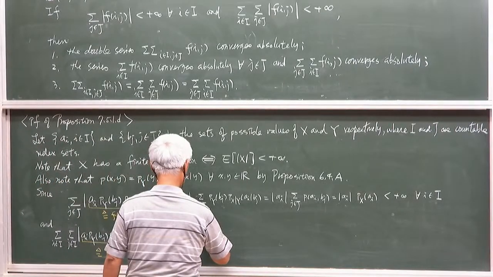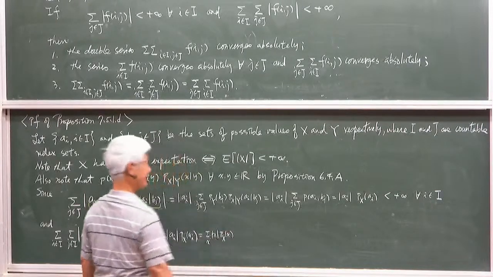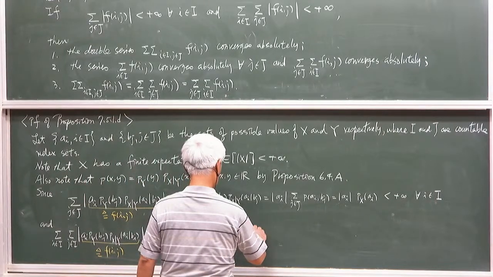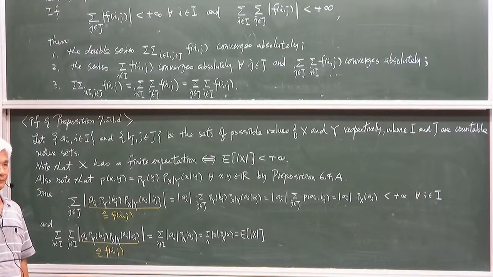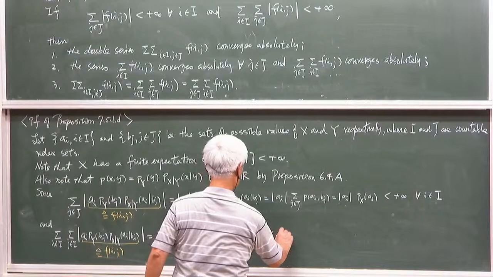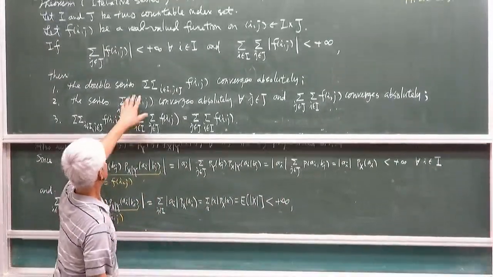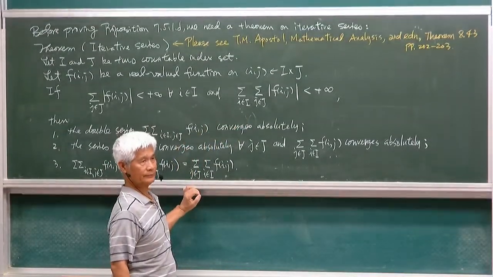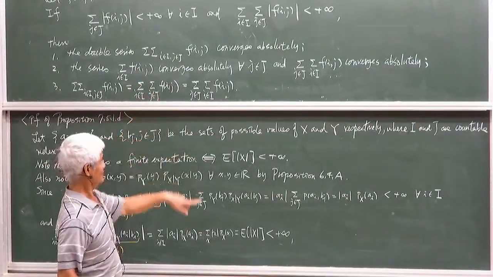Now this is actually the expectation of the absolute value of X, and we know this is finite. So we have checked the condition already. This is what we have.